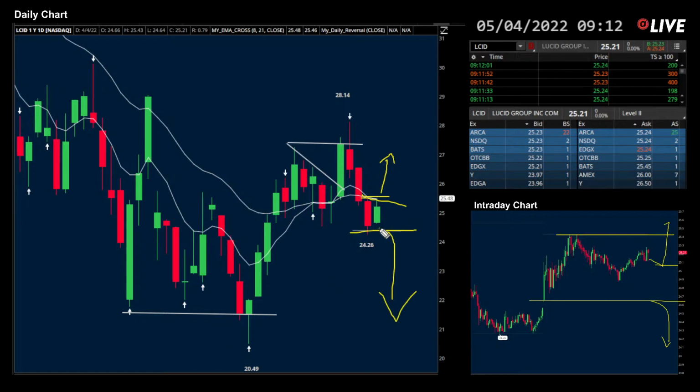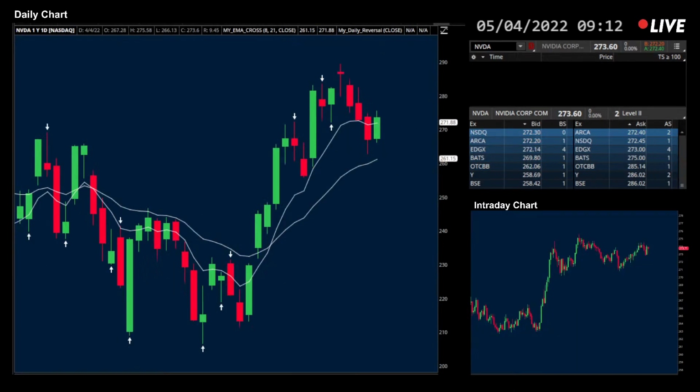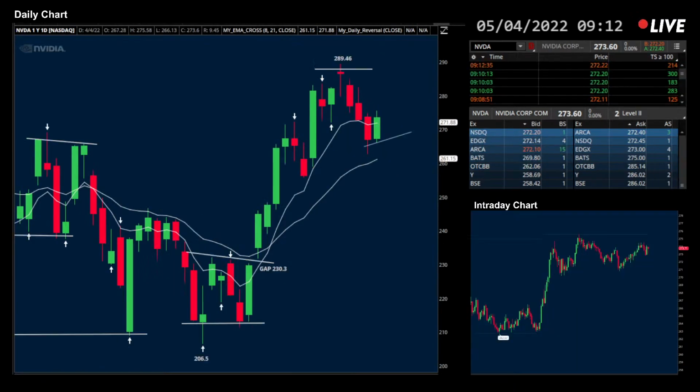So right now the range is getting tight. I have Lucid on the watch list to see if it's able to get some momentum or not. NVDA will be a focus. Why? Yesterday printed a kind of small, not completely inside day, but the range is getting very, very tight. Bulls need above 276, 277 to try to go back into 280, all the way into 285 to 290.